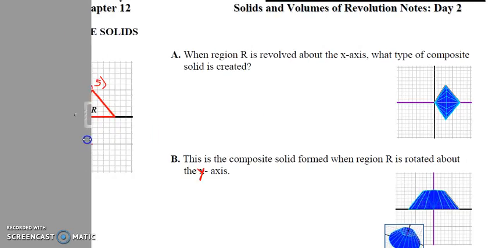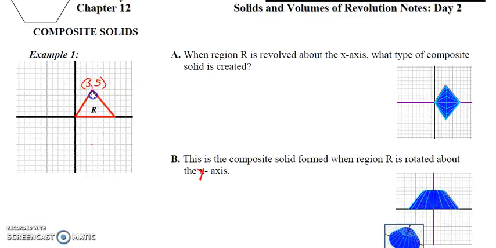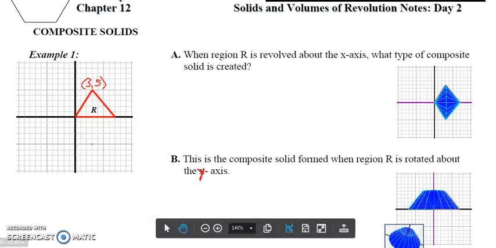If I draw in the line right there, that's a right triangle also that's going to flip down over the x-axis and make a cone, right? So I literally want you to draw this in, and then treat them as, okay, that right triangle is going to make a cone, that's going to make a cone. So in the middle here is where the circle is. And it ends up looking like 2 cones stuck together at their circle.